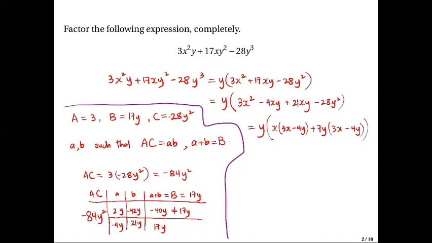As you can see now, they are just the same, so it's a common factor and you can factor that out. And finally, you will have y times 3x minus 4y times x plus 7y. This is the factored form of the original expression, 3x squared y plus 17xy squared minus 28y cubed.